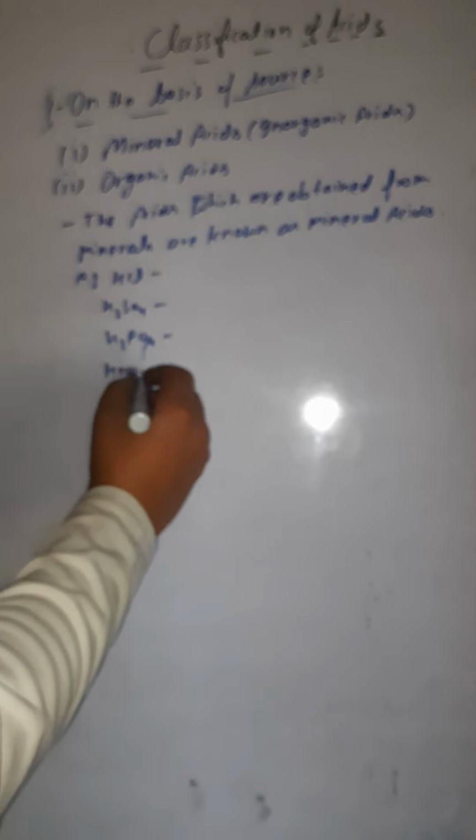The next example is H2SO4, that is sulfuric acid, which is also obtained from minerals. Next is phosphoric acid, that is H3PO4. Then we have nitric acid, that is HNO3.